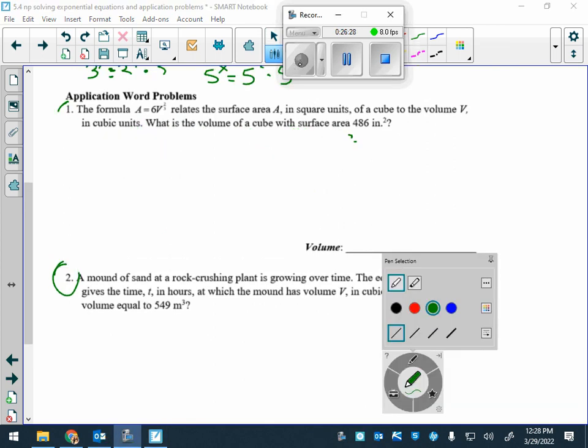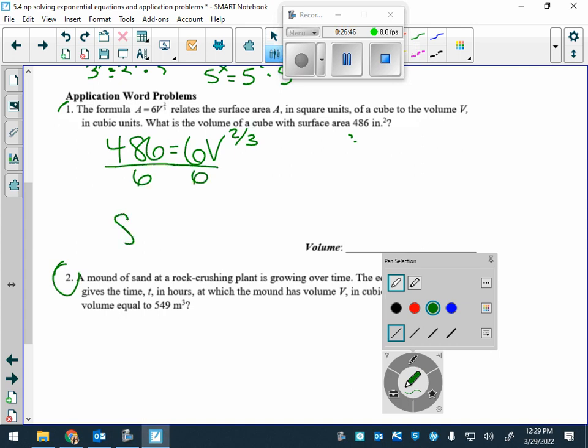What do we get for an answer? Good. Excellent. Okay. So they're telling you the surface area was 486. 6b to the 2/3. Divide by 6. 81. 2/3. You raise it to the reciprocal. Now, typically, if we were just solving and not for a specific word problem, what would we have to include?